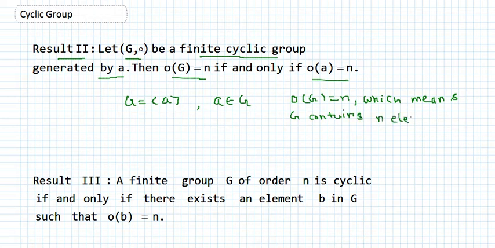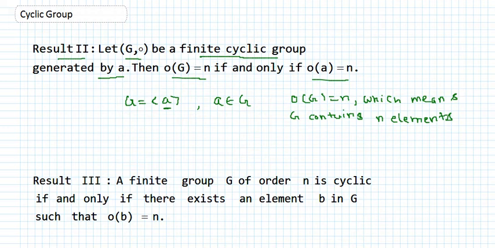So G has only n distinct elements. If G contains n distinct elements and G is a cyclic group generated by the element A, then the element A has order n.